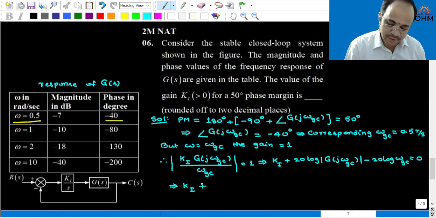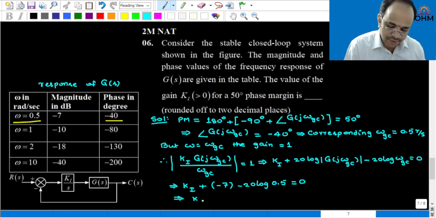what is this value? At omega equal to 0.5 radian per second, the magnitude of G of s is given as minus 7 dB, minus 20 log omega gc, where omega gc is 0.5, is equal to 0.